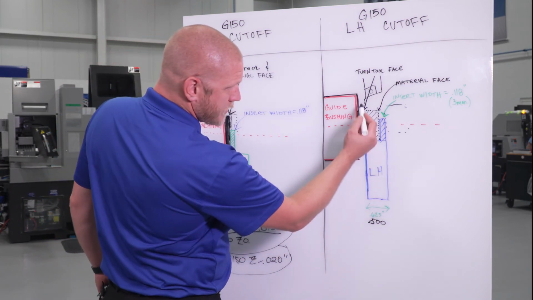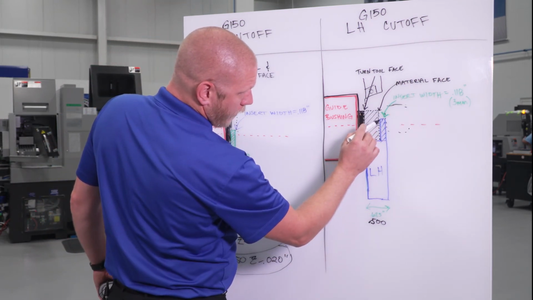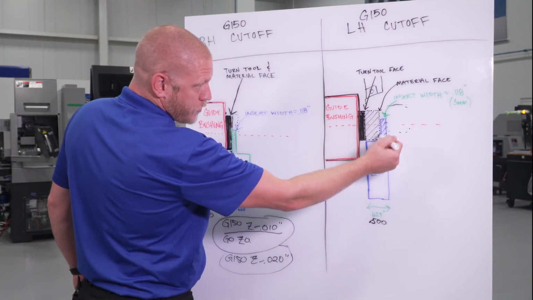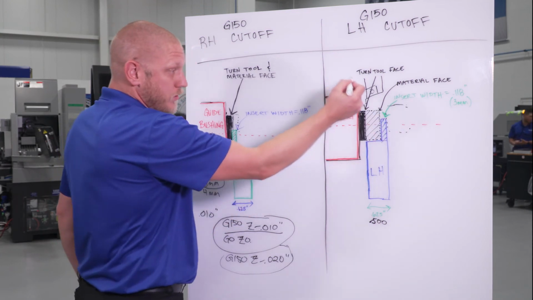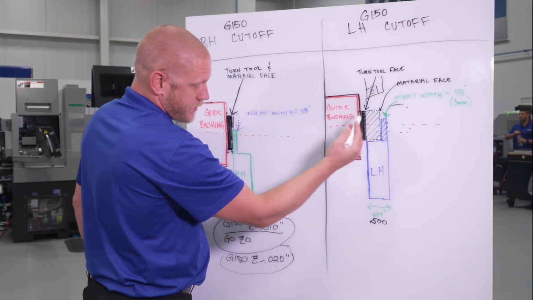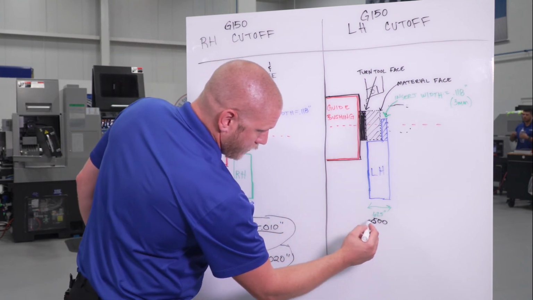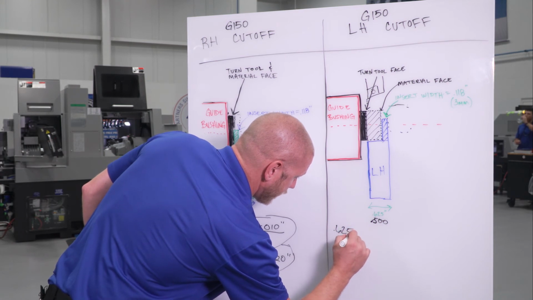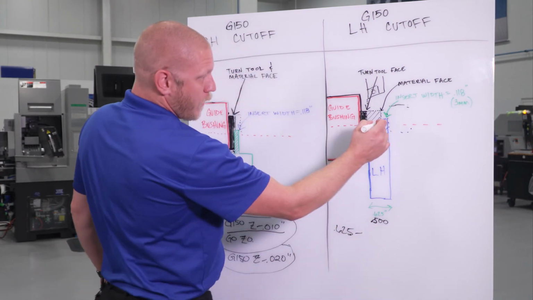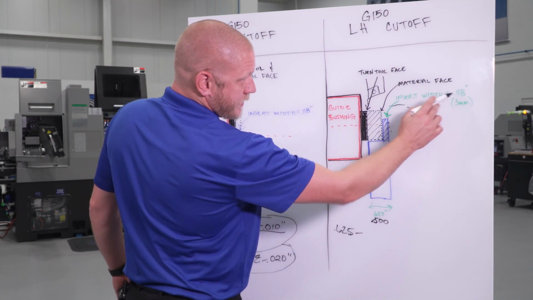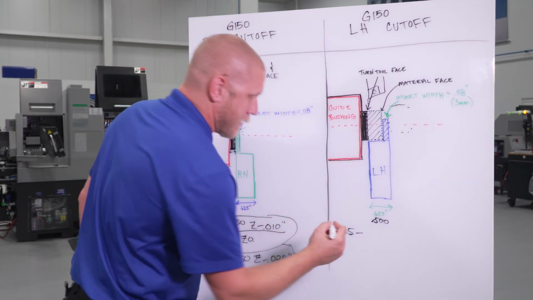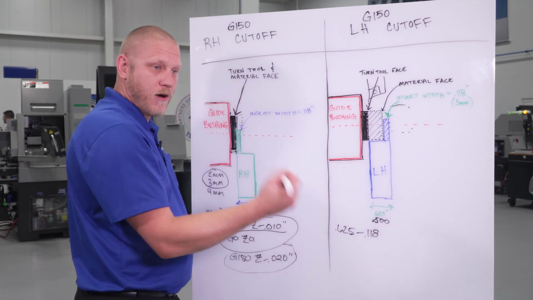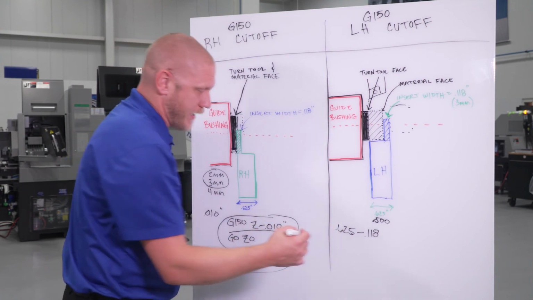So what we need to know is, here's my material face at the end of my part. But when I want to face off, I don't want to face this whole chunk off of here. I need to back that up and only face off the value that I want off the very front of this. So if we're using .625, we're going to take .625 minus the width of our cutoff insert, which in this case I use .118 or 3 millimeter as an example, minus our facing amount, we'll call it 10 thousandths again.